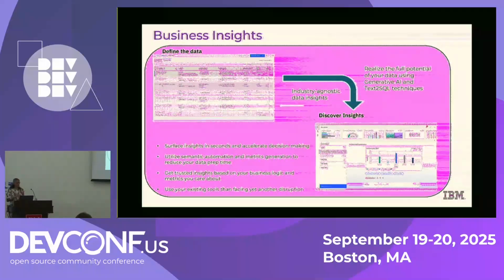We also want the ability to distinguish between the personas of the user. When a data steward asks a question versus a business user asks a question, what sort of implementation does the backend AI need to understand to provide better insights?